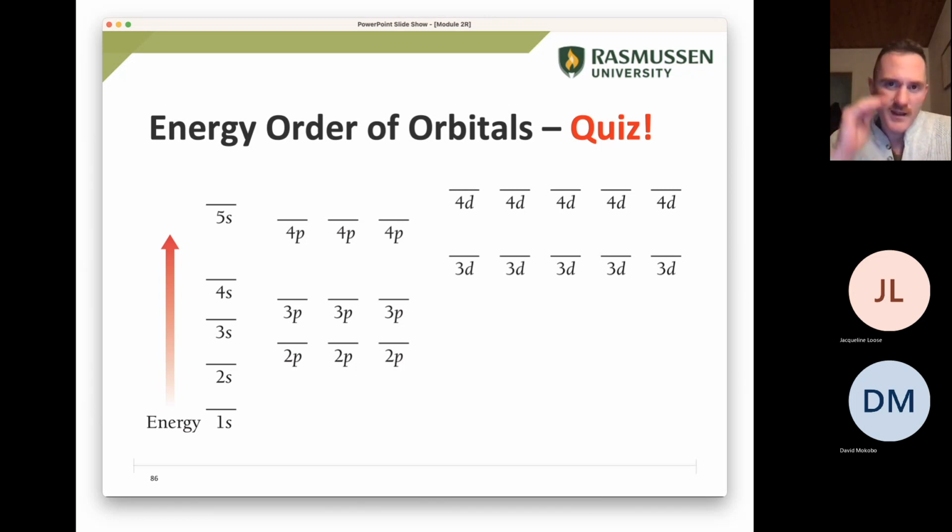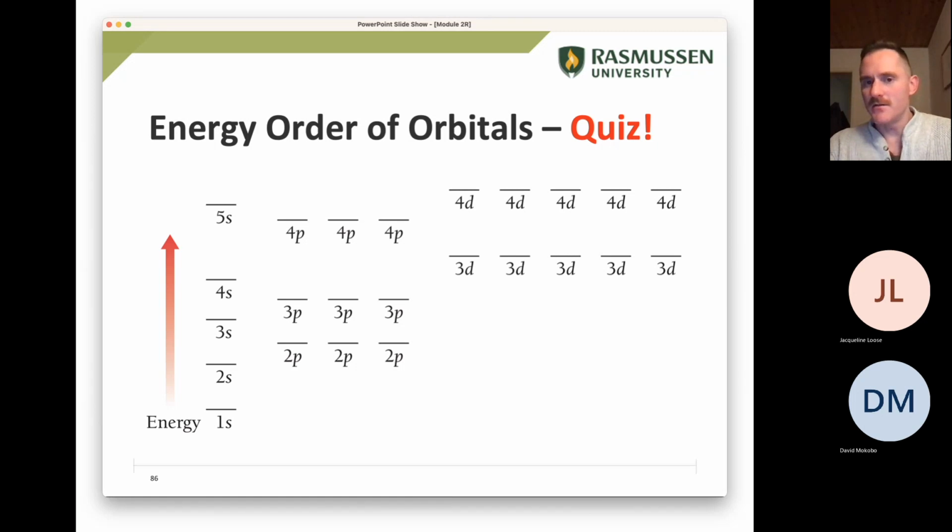P orbitals are at slightly higher energy than s orbitals, okay? So electrons that are in the 2s orbital are going to be lower in energy than electrons that are in the 2p orbital. And the same kind of pattern repeats for the 3s, 3p, 3d, and then the 4th principal quantum number is kind of the same thing.